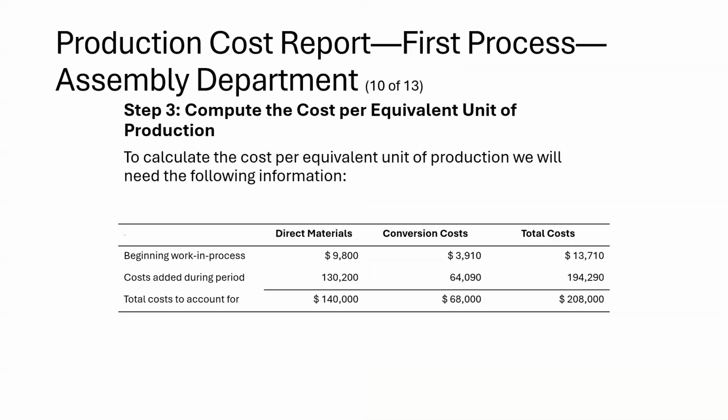The next step is to calculate the cost per equivalent unit of production. Computations are required for both direct materials and for conversion costs.